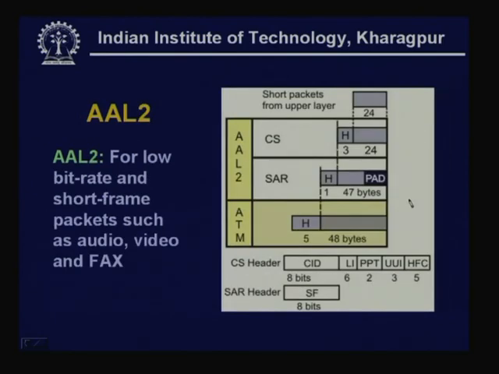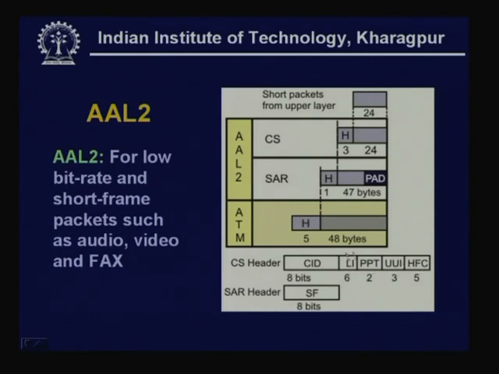On the other hand, in the case of AAL2, which is used for low bit rate and short frame packets such as audio, video and fax, the packets are smaller in size, say 24 bytes. So, to make it 47 bytes, you have to add a pad. Here, as you can see, the segmentation and reassembly header is a little different, having different fields like LI, PPT, UI and HFC.